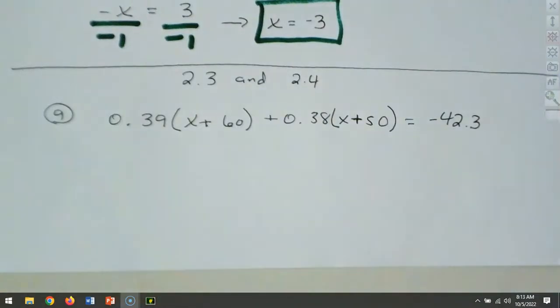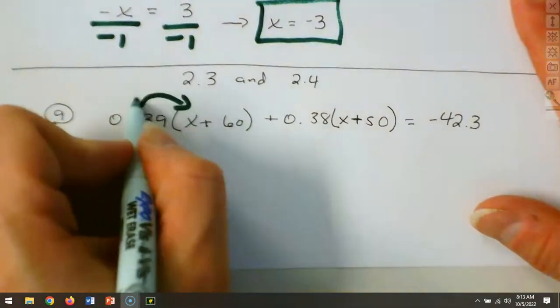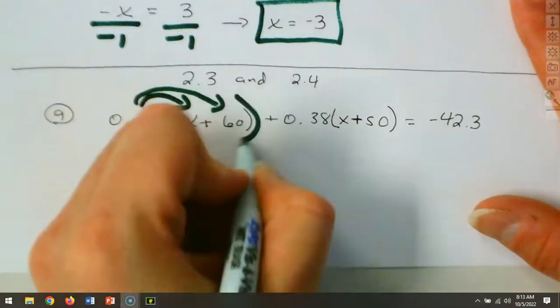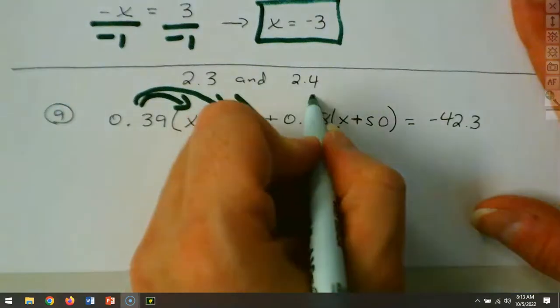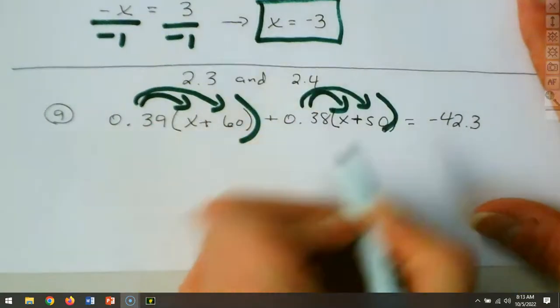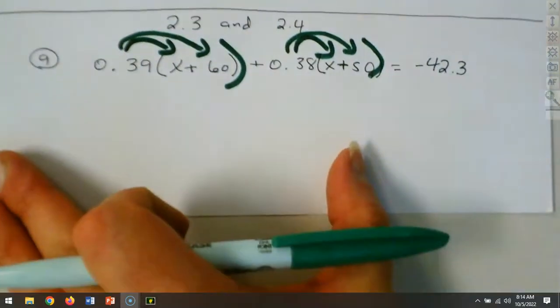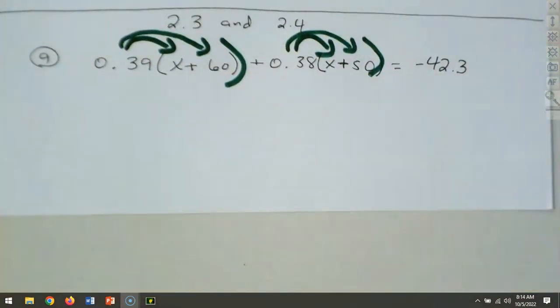So the very first thing that I would do is I would go ahead and distribute that 0.39 through. Where do I stop? At the parentheses. And then I would distribute the 0.38 through. Where do I stop? Parentheses there. Remember, the parentheses tell you where to begin and where to end. Now we just use our calculator.